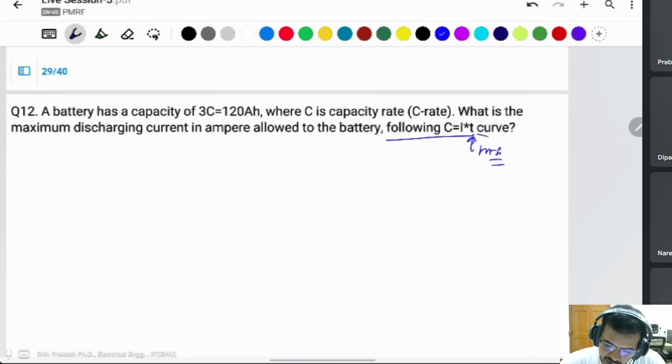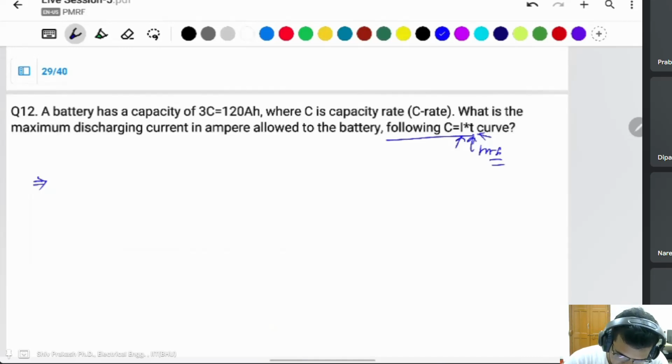This is the hour, this is the ampere, capacity in ampere hour.